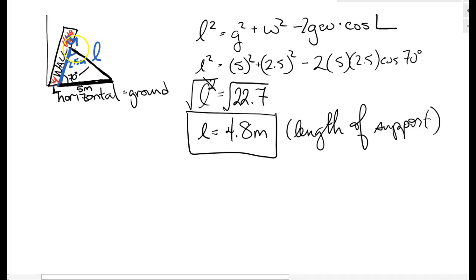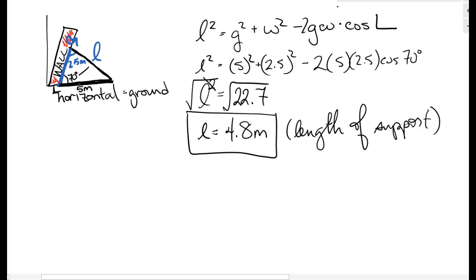Solving for G is our next part of the question. We're not done yet. So in order to solve for G, I need to either use cosine law or sine law. And actually, I'm allowed to use either one. My personal bias, just as a preference, is as much as I can use sine law, I'm going to use it, because cosine law is just kind of a beast of an equation.